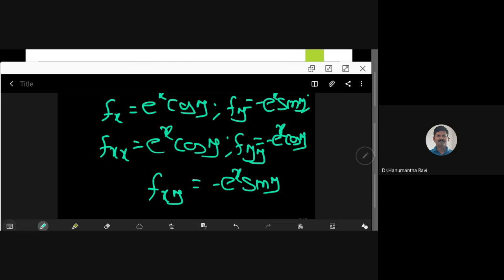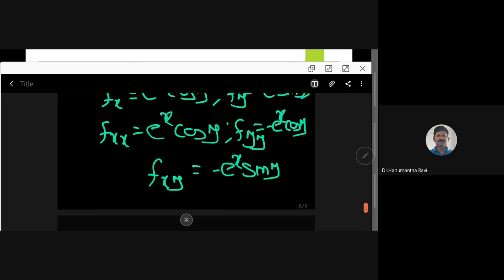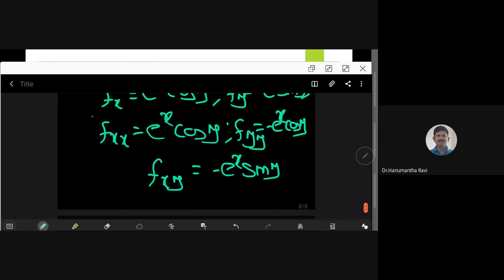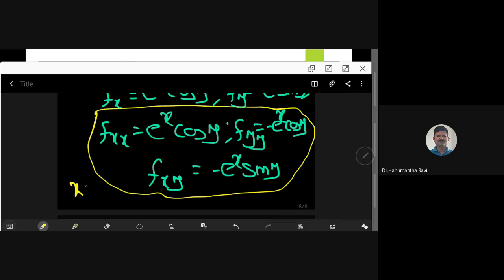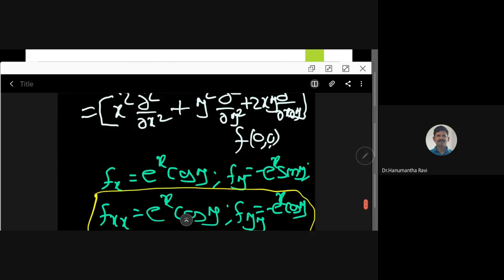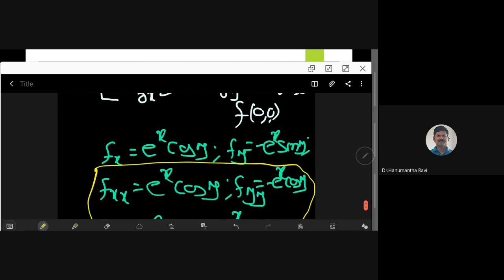So actually we need these things at (x, y) equal to (0, 0) to be substituted here to get this.